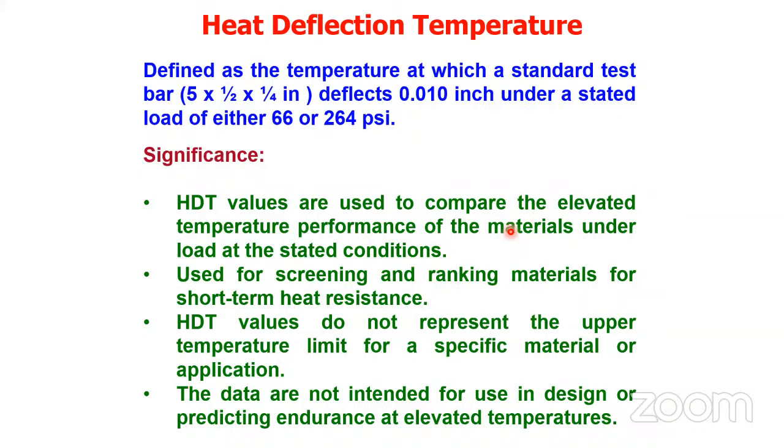You can identify the short term heat resistance using this kind of testing. HDT values do not represent the upper temperature limit for a specific material or application, because it only provides the starting of your softening point. The data are not intended for use in design or predicting endurance at elevated temperature.